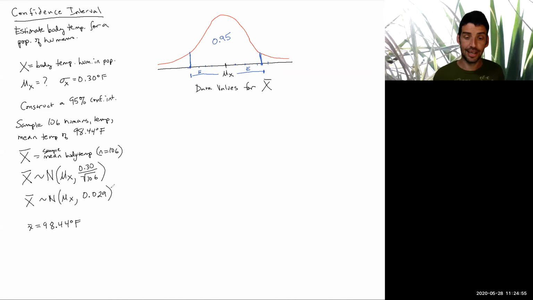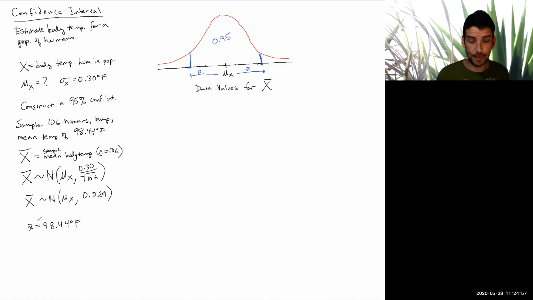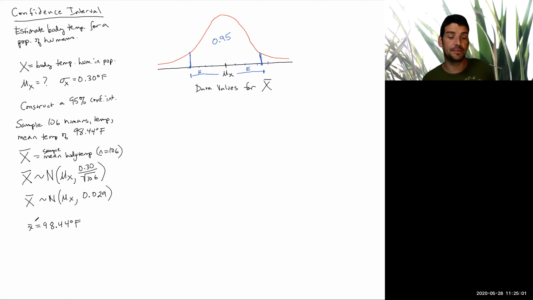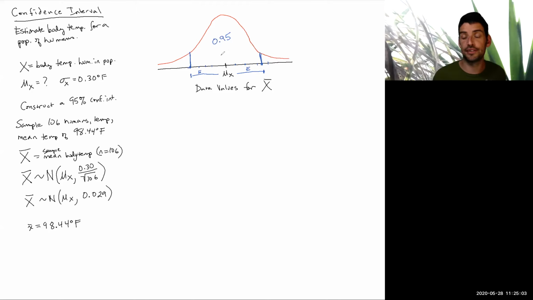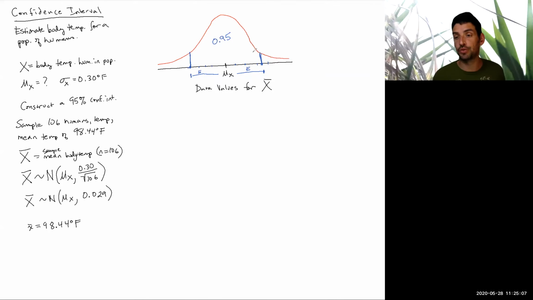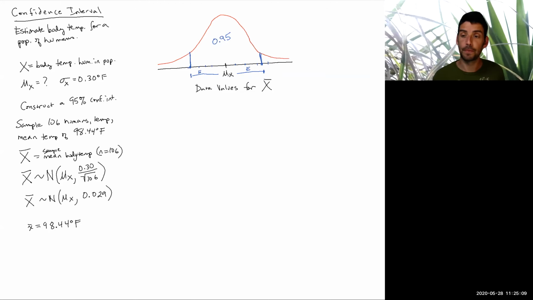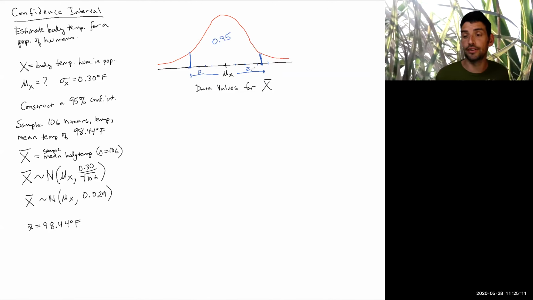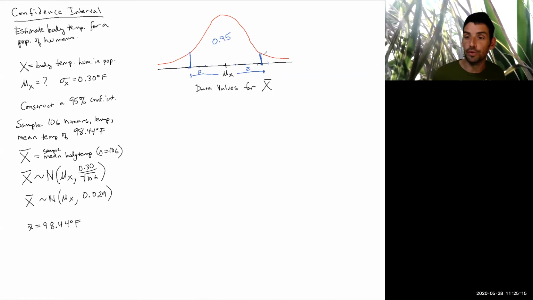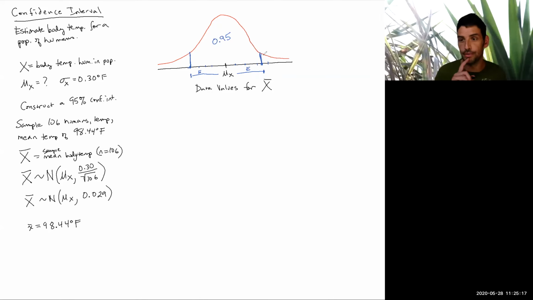That's the idea. In other words, if we did this experiment 100 times, we would expect 95 out of 100 times our sample to be somewhere between these two values. Now, we don't know what mu x is, so we won't be able to get these values exactly, but we'll do some trickery in a moment.